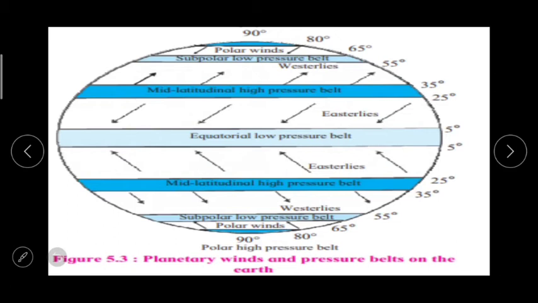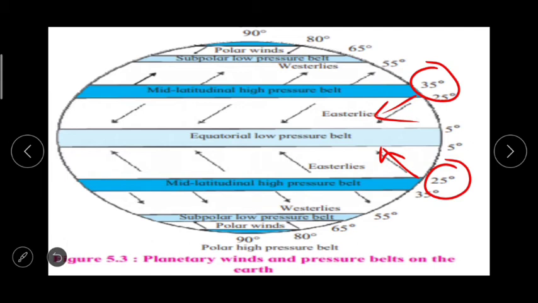In both the hemispheres, the winds blow from the high pressure area between 25 degree and 35 degree parallels, here you can see, to the equatorial low pressure belt. These arrows you can see. And due to the rotation of the earth, their original direction changes.